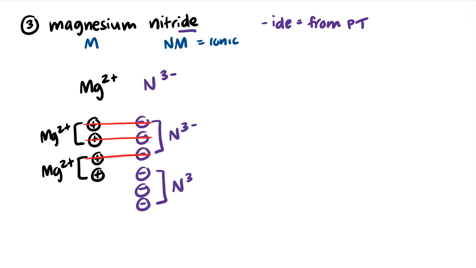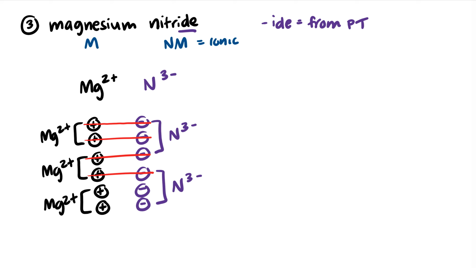I can't change that. Okay, so now, whoop, we cancel out that last plus sign. But we run into another issue. I have 2 negatives left over. And so that means I got to add in some more magnesium positives. And each magnesium carries with it 2 plus signs because that is its charge. It is a 2 plus charge.